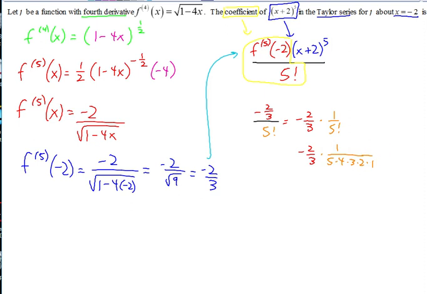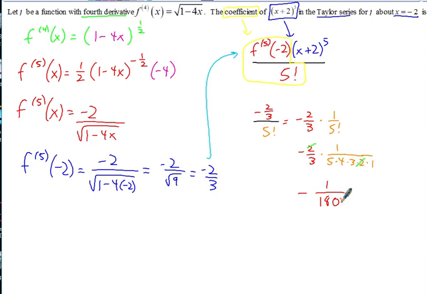Notice what reduces here. The 2's reduce out. And then what we're left with is negative 1 over, probably the easiest way to do this is to multiply the 5 times 4, that's 20. 3 times 3 is 9. And 9 times 20 is 180. So it'd be negative 1 over 90.